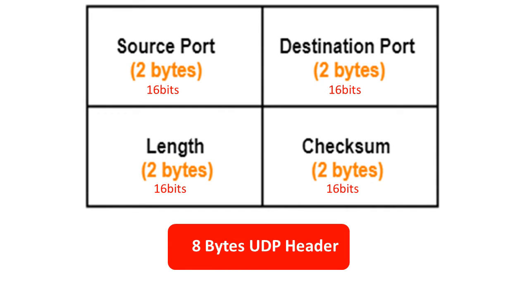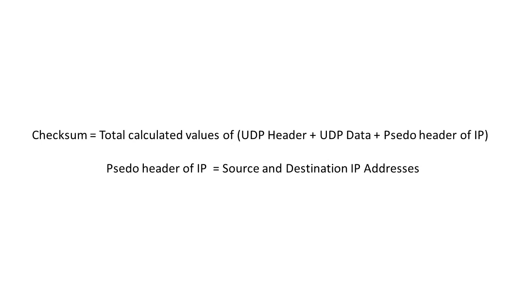Now the last field of the header is checksum. Let us understand how checksum is calculated. Checksum equals the total calculated values of the UDP header plus UDP data plus the pseudo header of IP.